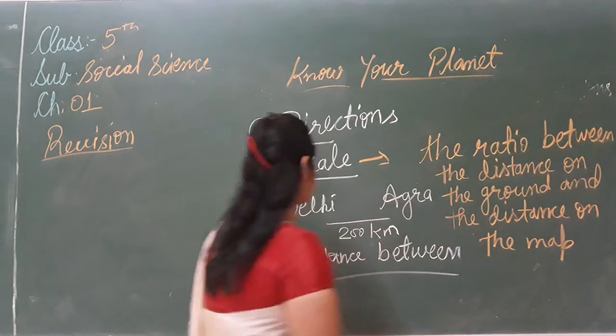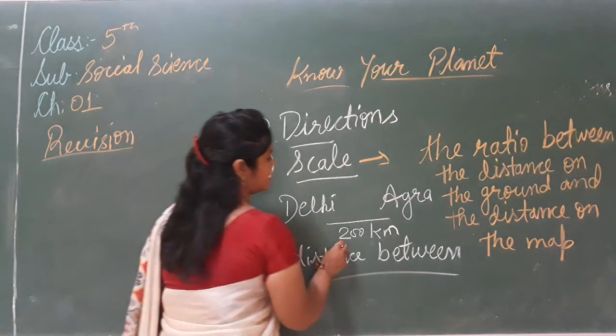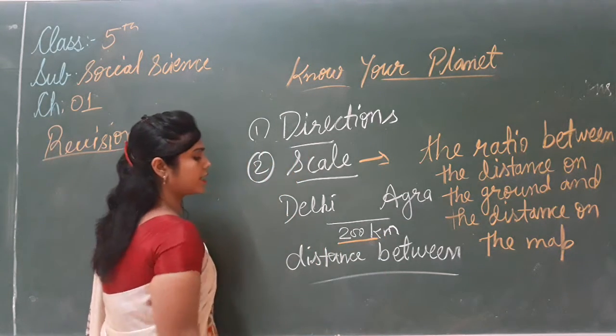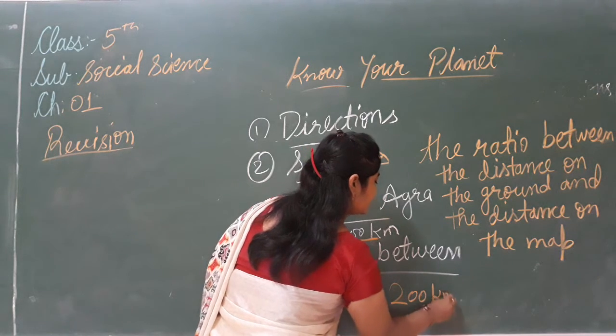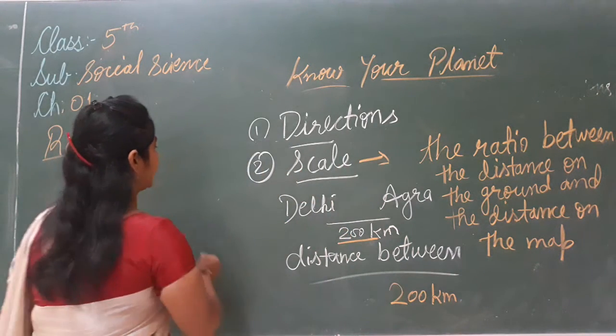What is the distance on the ground? That is the 200 kilometers. What is 200 kilometers? And what is the sign of ratio?